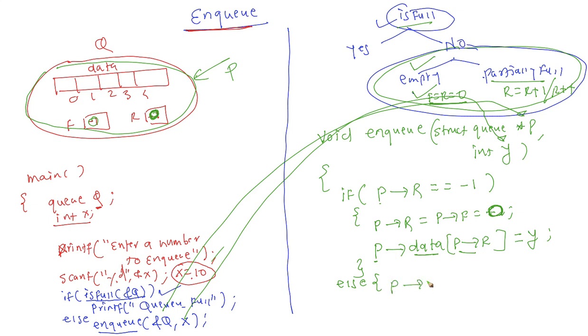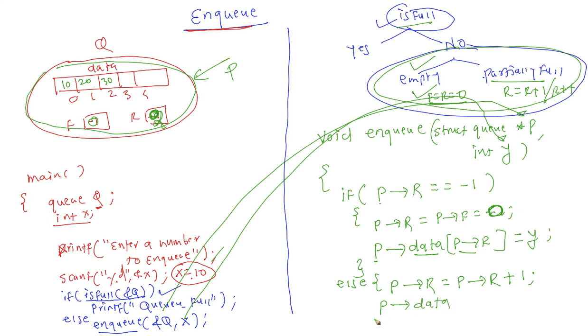p arrow r equal to p arrow r plus 1, right? I simply increment r in the other situation, like this, let's say 10, 20 and 30. In this case, r is 2, right? So I simply increment p arrow r equal to p arrow r plus 1 and then go to the data array.